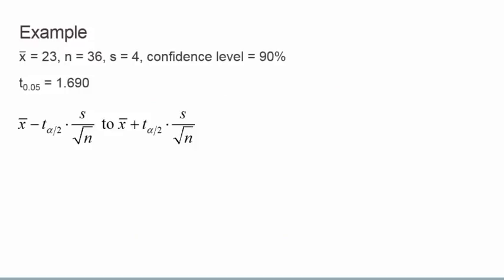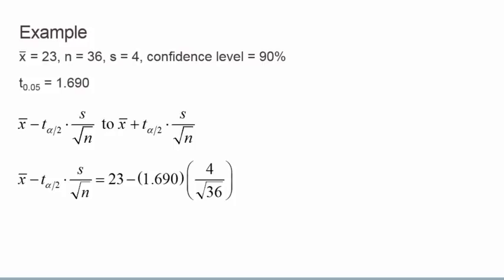Continuing, we now want to find our interval: sample mean minus t sub alpha divided by 2 times the standard deviation divided by the square root of n, to x bar plus t sub alpha divided by 2 times s divided by the square root of n. I'm going to start with the lower limit. Substituting, I have 23 minus 1.690 times 4 divided by the square root of 36.